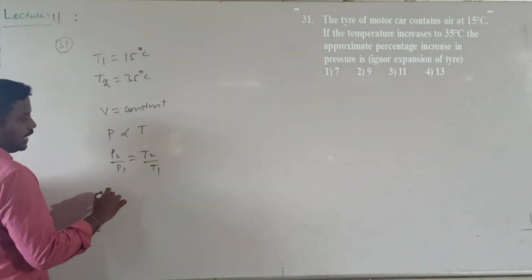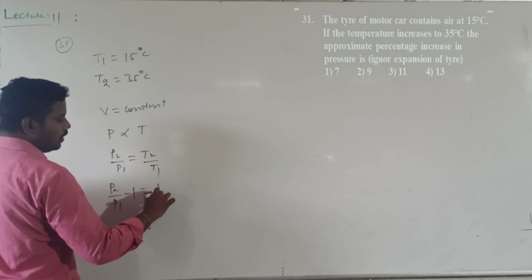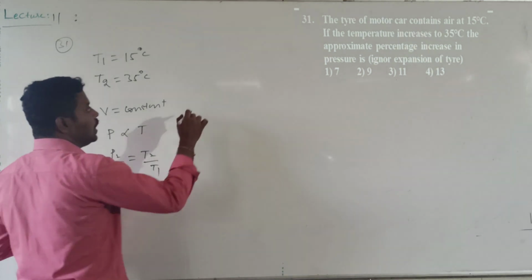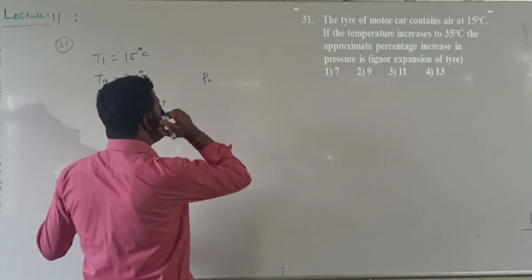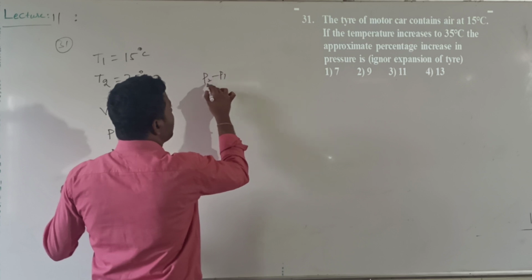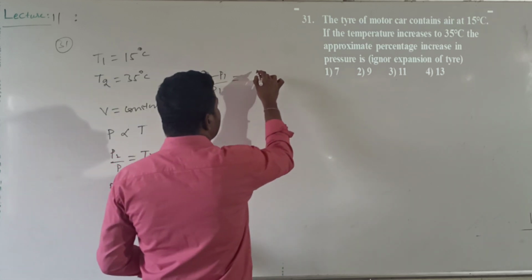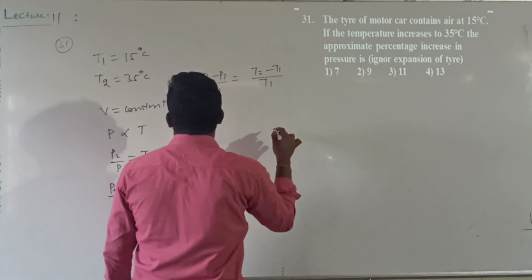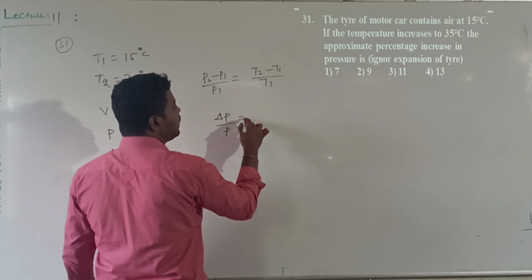Then I subtract 1: P2 by P1 minus 1 is equal to T2 by T1 minus 1. They are asking percentage increase in the pressure, so P2 minus P1 by P1 is equal to T2 minus T1 by T1. This is nothing but delta P by P, the fractional change in pressure.